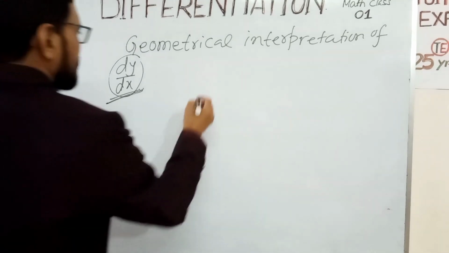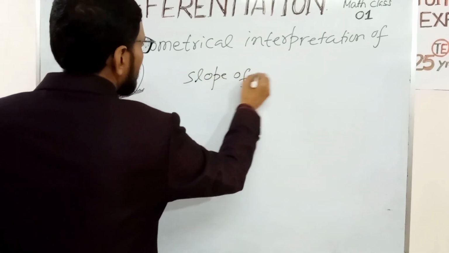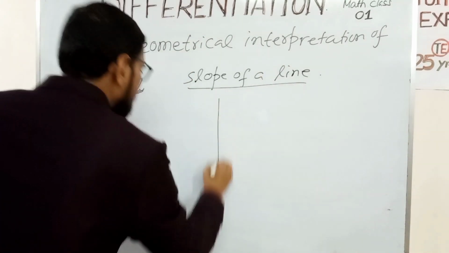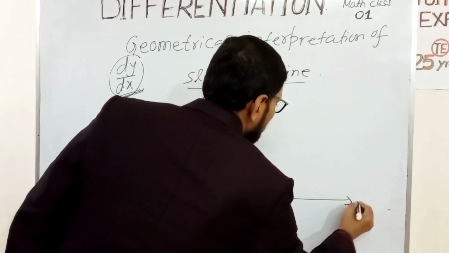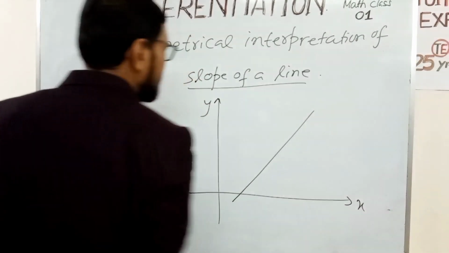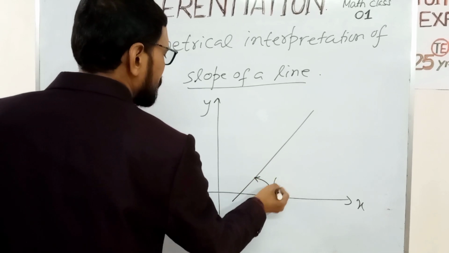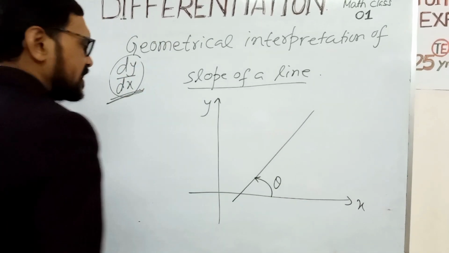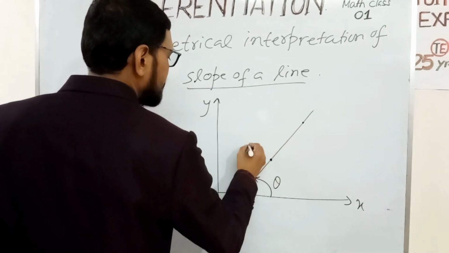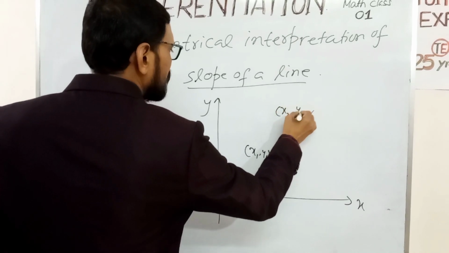First, try to understand what is the slope of a line. Suppose this is the x axis, y axis, and this is a line. This line makes an angle theta with the positive direction of the x axis, and two points on the line are (x1, y1) and (x2, y2).